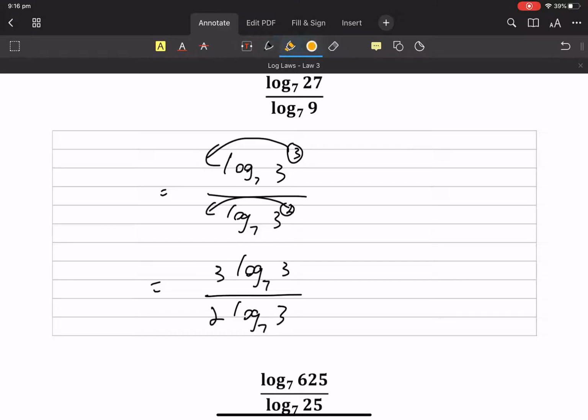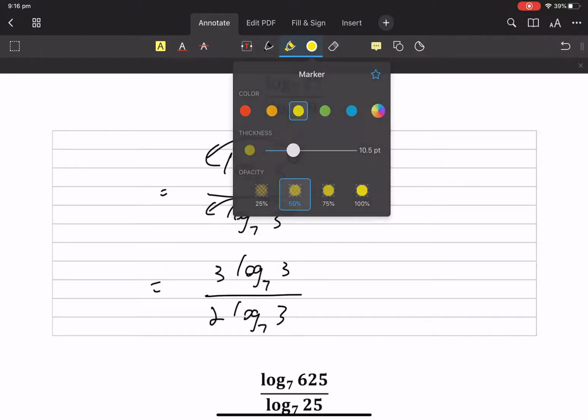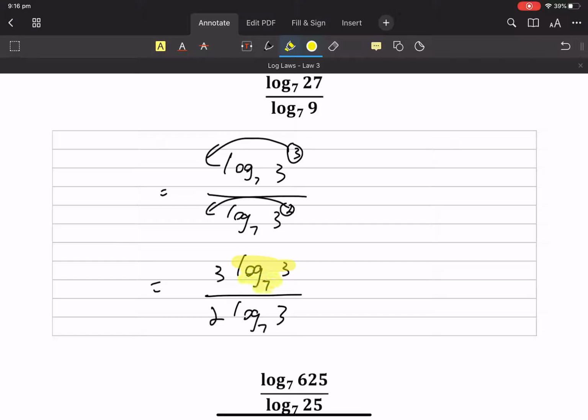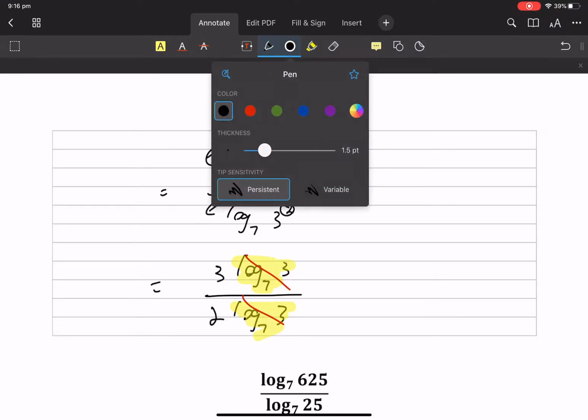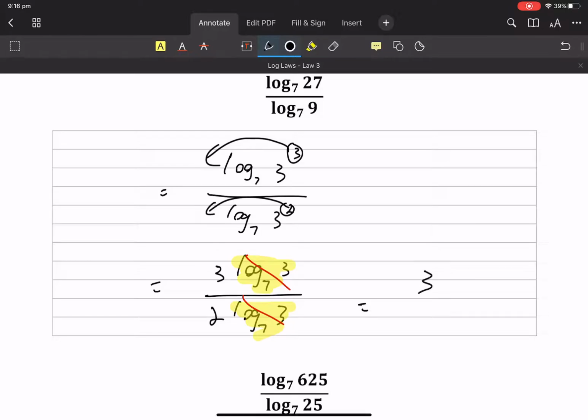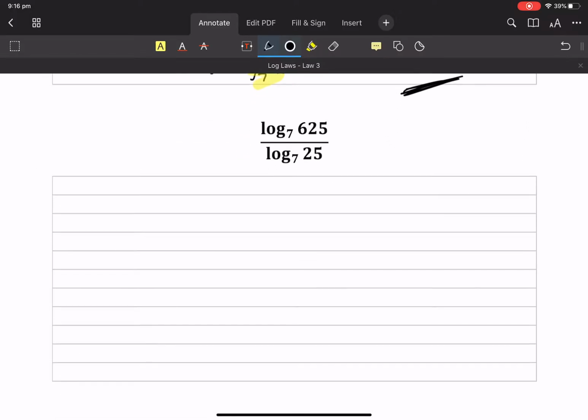Now, I have absolutely no idea what that number is, but it's exactly the same as that number. So they cancel, and my answer becomes just 3 on 2. That's my answer.